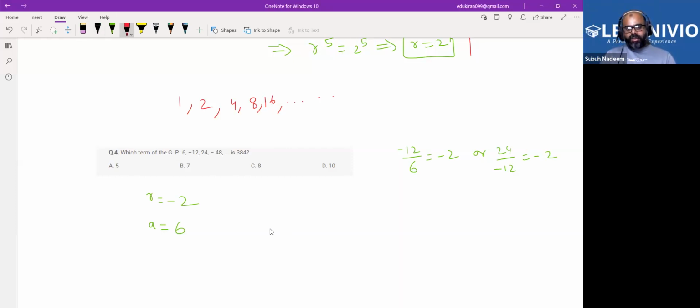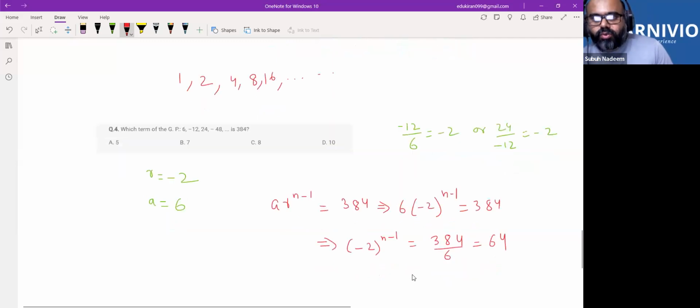So the nth term, A R to the power n minus 1, is equal to 384. So A is 6, R is minus 2, so 6 times minus 2 to the power n minus 1 is 384. Which means minus 2 to the power n minus 1 is equal to 384 by 6, which will be 64.